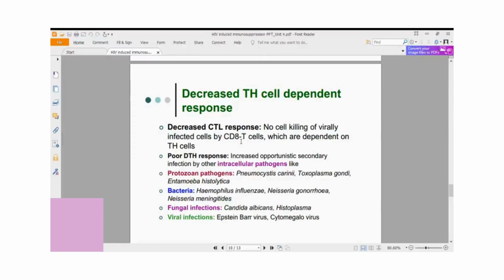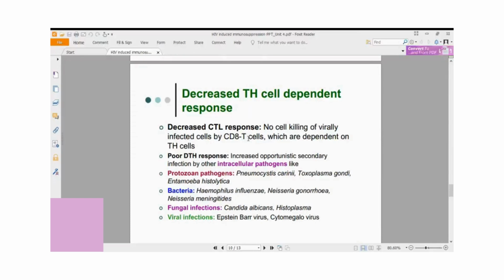Then comes another important response, which is the Th1 cell dependent response, that is called the DTH response. Remember, I had mentioned that the DTH response is very, very important to get attracted to or identify the cells that are infected by intracellular pathogens.